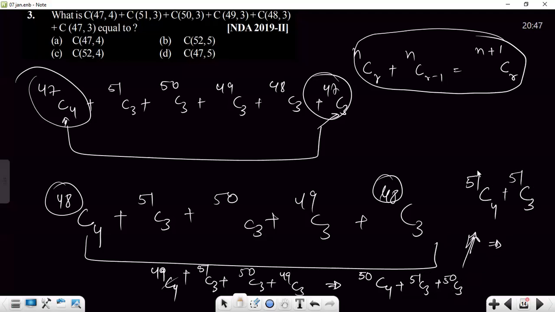Coincidentally, n is also the same here with the last two terms, 51 plus 1 becomes 52, C, with r whichever is the greatest out of the two, 4. 52C4 should be our answer, option C. Any doubts, anyone? No doubts.